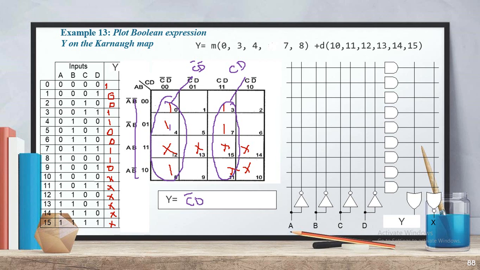You can use an XNOR gate for this particular equation also, but here I am doing the logic gate using some basic gates only. Wherever C bar and D bar, and C and D, these two are selected, so we got the first two outputs. This is the logic diagram representation of your Y in the XS3 output.